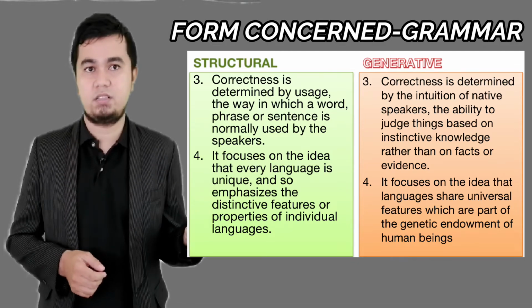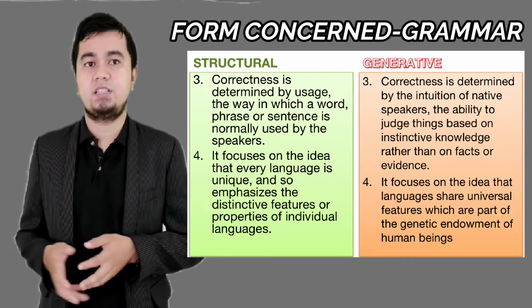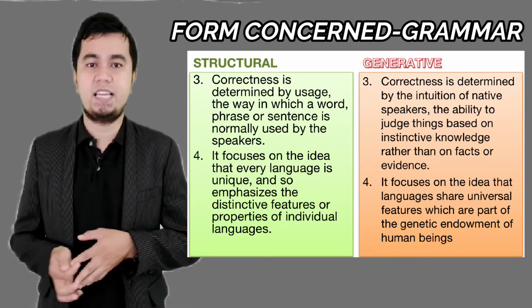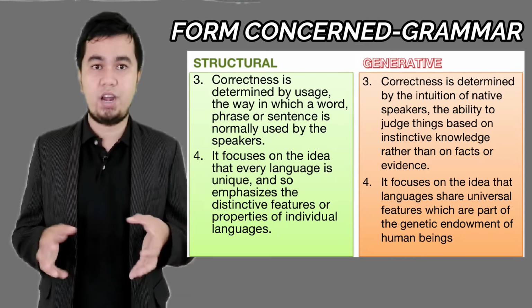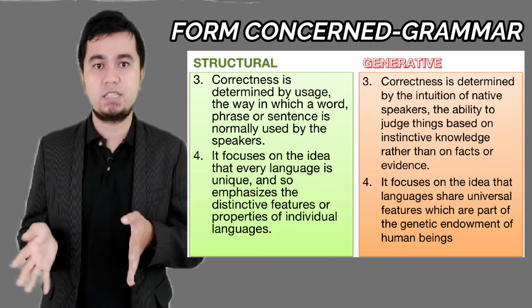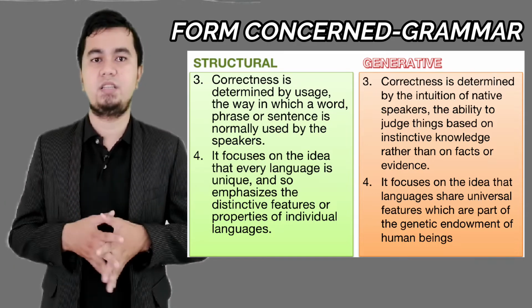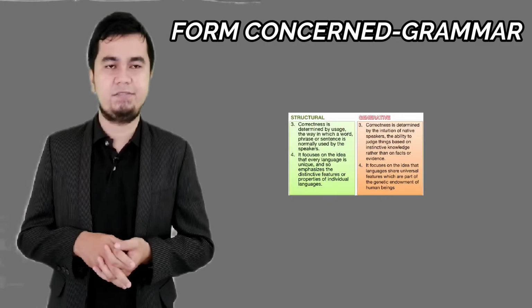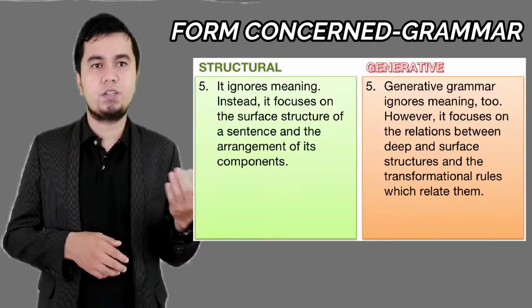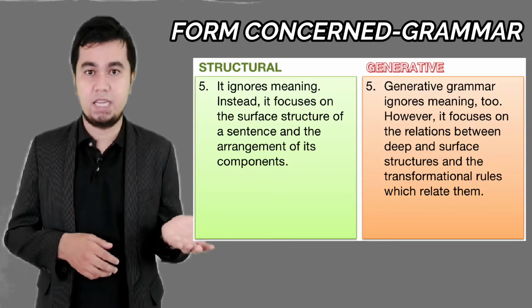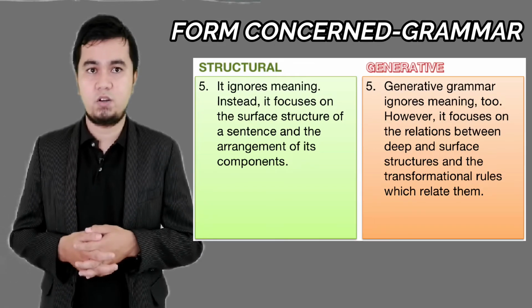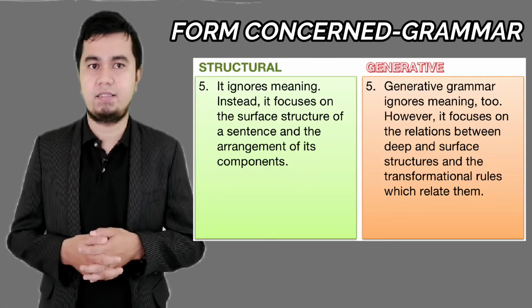That's the structural grammar. And the generative grammar focuses on the idea that languages share universal features, which are part of the genetic endowment of human beings. And finally, the structural grammar ignores meaning. Instead, it focuses on the surface structure of the sentence.